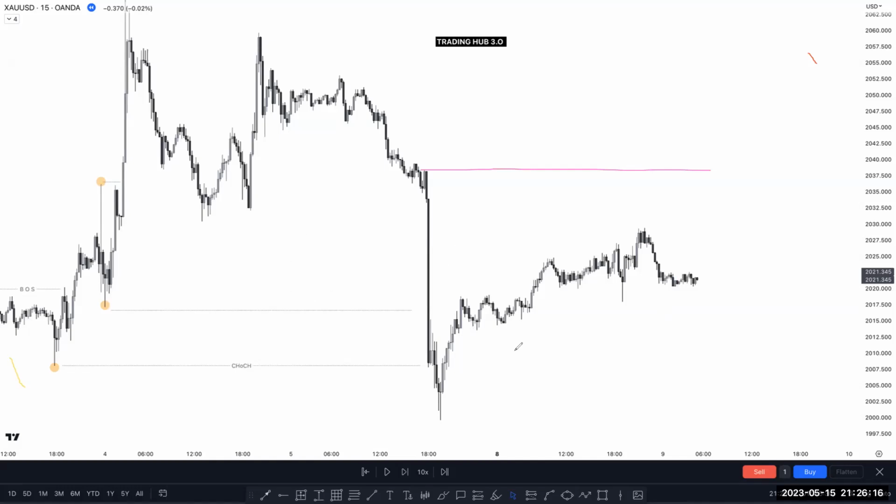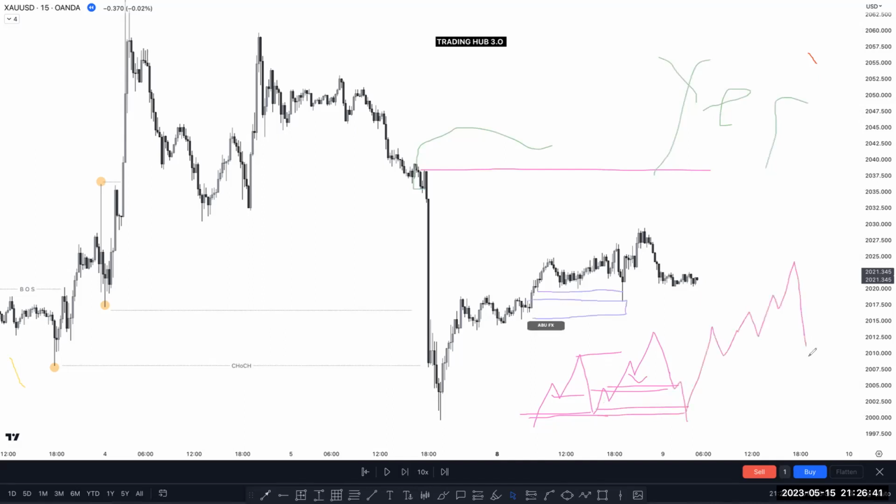If internal structure creates structure something like this, takes out the inducement, mitigates your decisional POI or extreme, and then continues going higher, again breaks the structure, and a similar rule is applicable here in the inducement also. It takes out the decisional POI or maybe your extreme, and then continues going higher like this. Correct. So this process will be similar till this inducement is taken out.